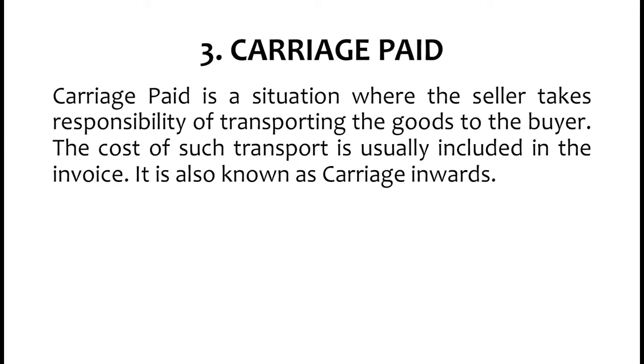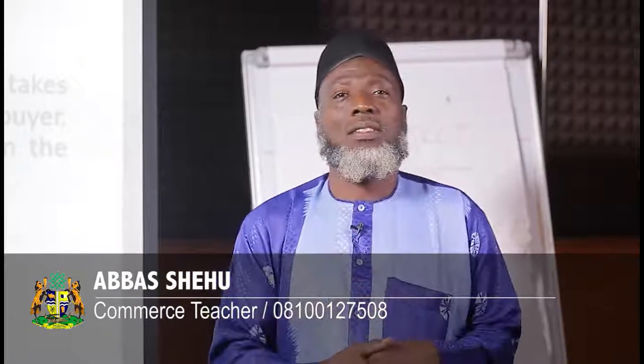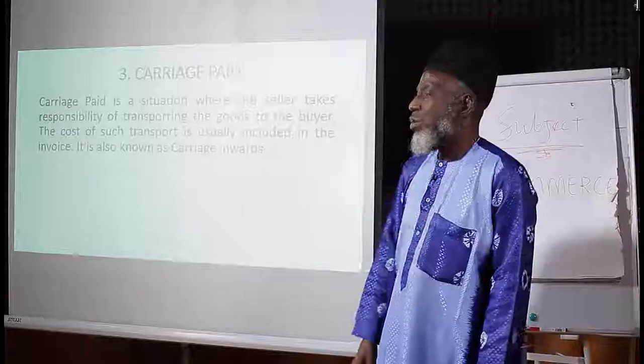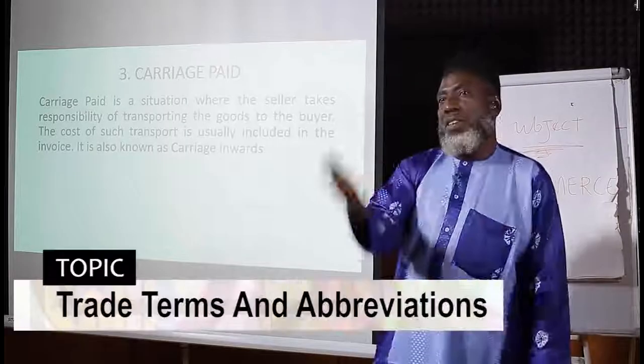And this is done because in the price given for the goods, the cost of carriage is captured, it's included. So the buyer will just wait, after paying for the goods, for the seller to take charge of taking the goods down to his place. We call this carriage paid.